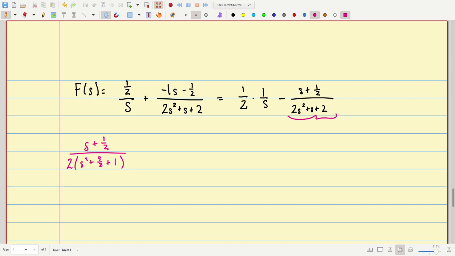All right. I'm going to need to complete the square in that denominator. Okay. Also, for simplicity, I can think about this 2 that I factored out as just 1/2 times the rest of this. Right. So that denominator is now separate.